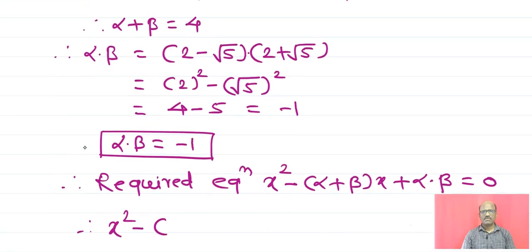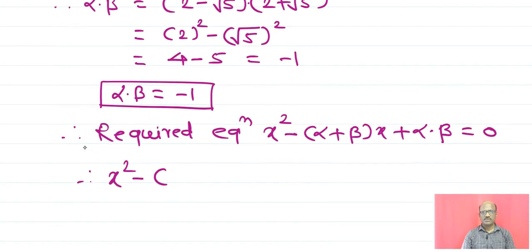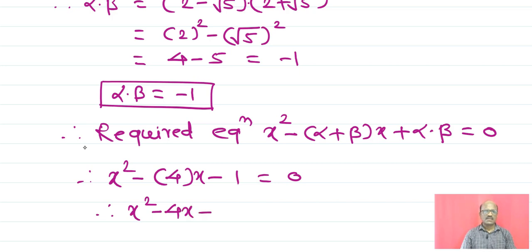The value of alpha plus beta is 4, so 4x, and alpha into beta is minus 1. Therefore x square minus 4x minus 1 equals 0. This is the required quadratic equation.